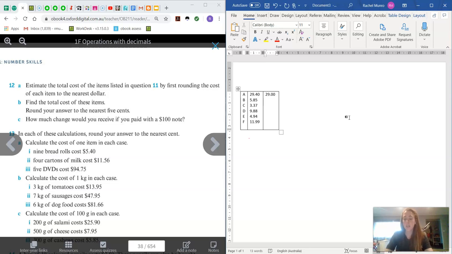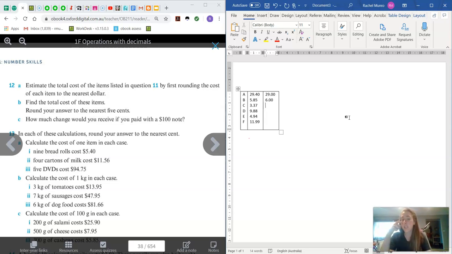$5.85. Now, if you think about it, 85 is closer to going up to that next dollar than taking off that 85 cents. So we're going to round to $6. Next one, $3.37. It's not above that 50 cents. So 50 cents is that cutoff point.